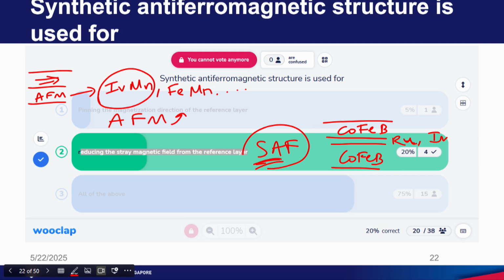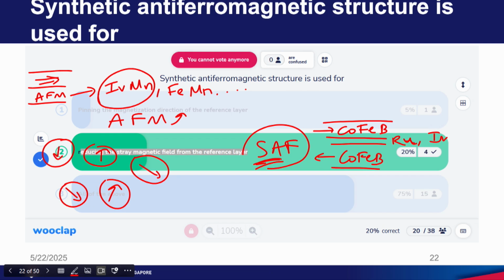Secondly, this synthetic antiferromagnetism only ensures that the magnetization is anti-parallel. If I view from the top, let us say we have several magnetic units which are in synthetic antiferromagnetic shape. From the top they may be in any direction.